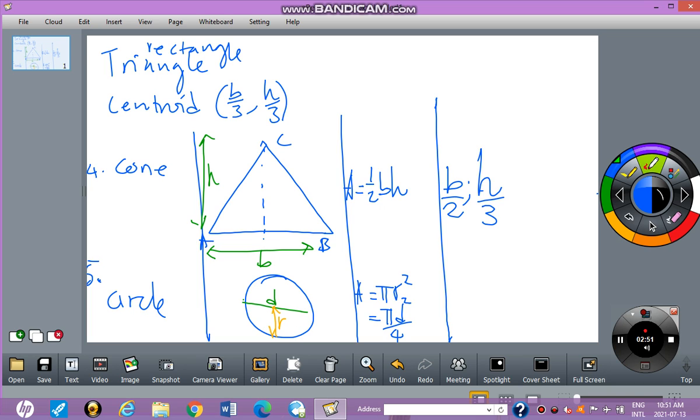Also look at this formula at level 1, another formula to calculate area. The centroid of that is just the center of the diameter. That is how we get the centroid of a circle, in the center of the circle itself. All right.